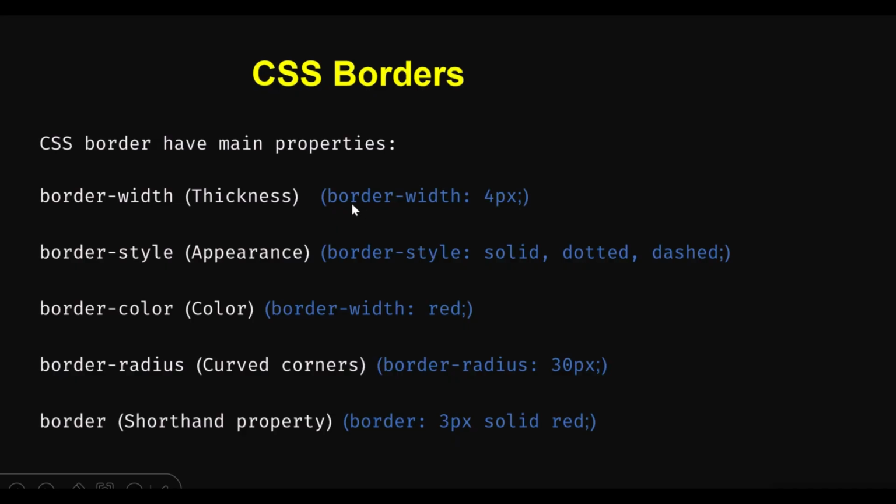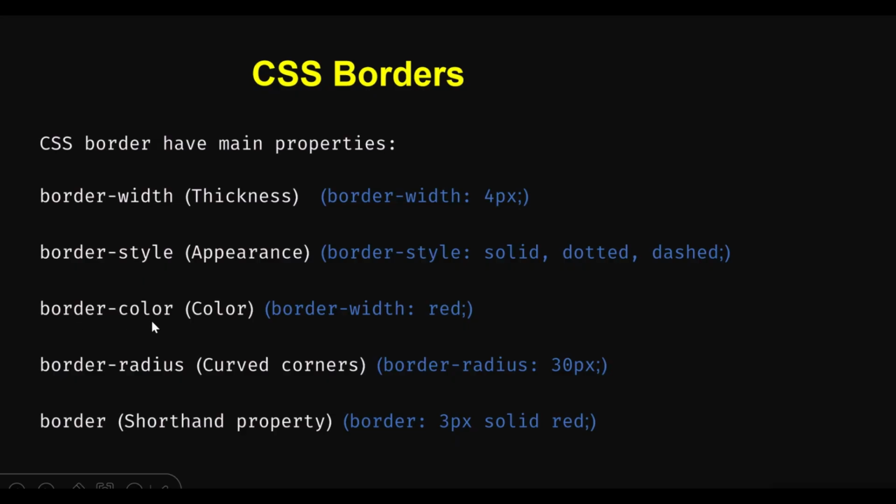For example, we will write border-width, and that will be a size in pixels. Similarly, the next property is border style, which shows how the border will look. Its value may be solid, dotted or dashed.